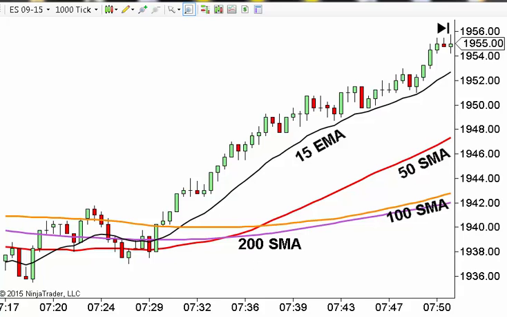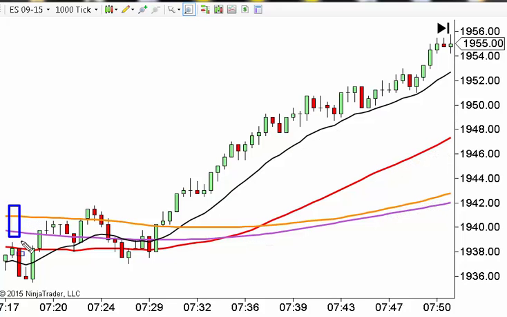So, for example, here, as you can see, in this area, really all through here, the price is kind of stuck in the moving averages. In fact, the first thing to notice is all 4 moving averages are very close together.